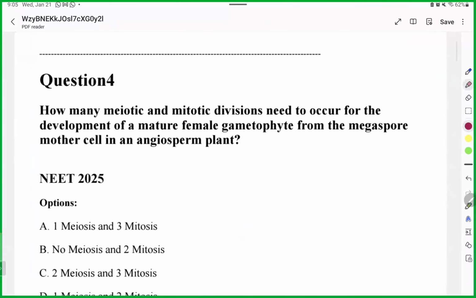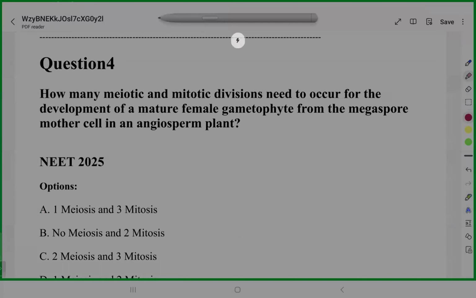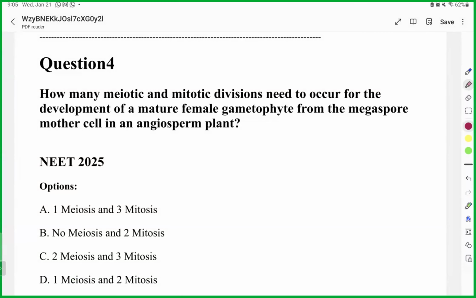Let's do one last question. No, we'll do it tomorrow because this topic is extremely important: embryo sac. We have to do the full embryo sac. Within 10 to 15 questions, we can easily finish the chapter. Anybody would like to answer this question just for fun? Sir, one meiosis and three mitosis.